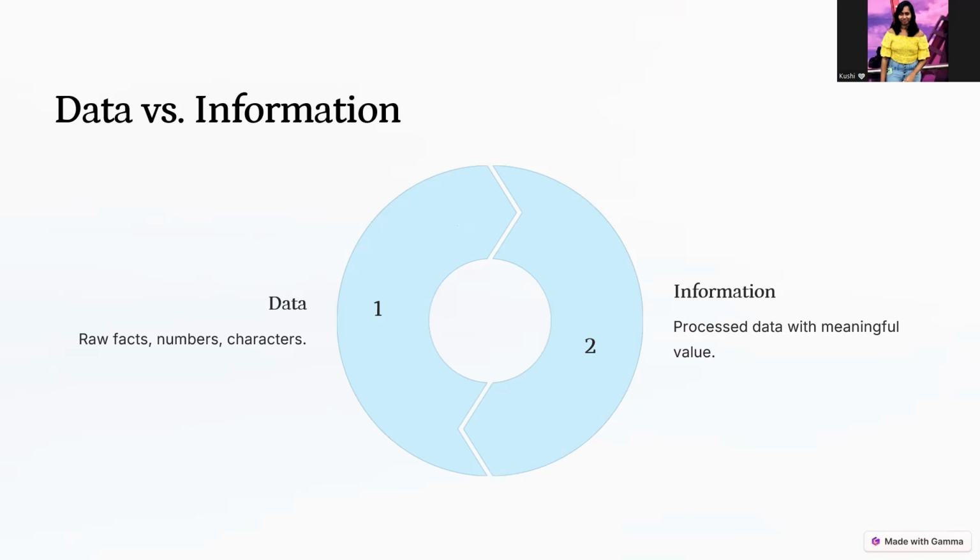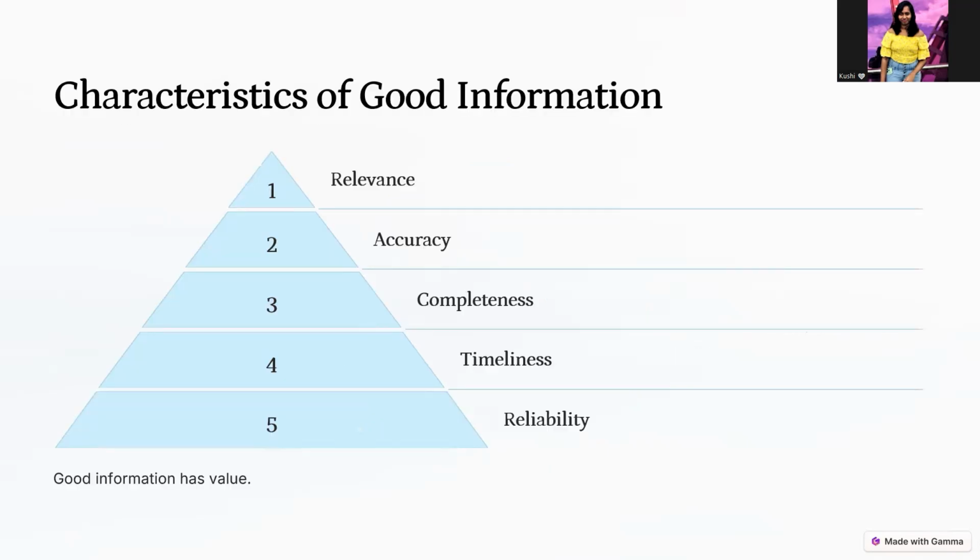For example, the numbers 10, 20, and 30 are data, but when we calculate the average, 20, it becomes information. Then good information should be relevant and accurate, complete, timely, reliable and accessible.